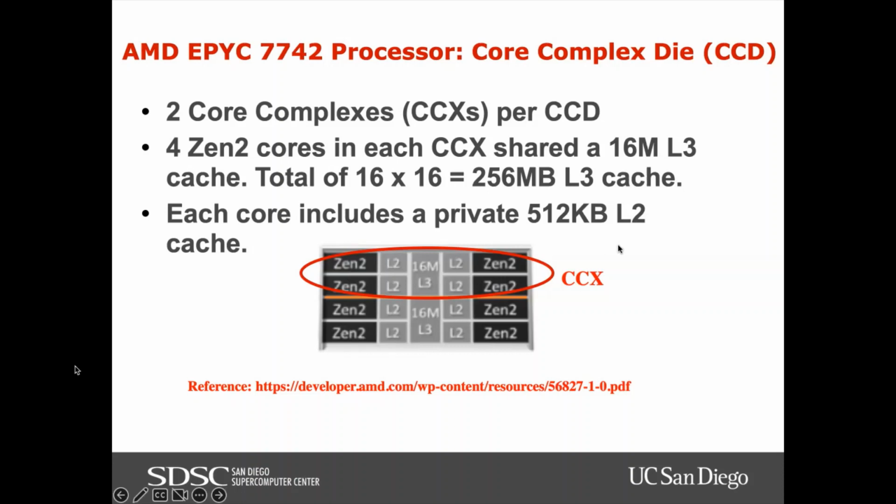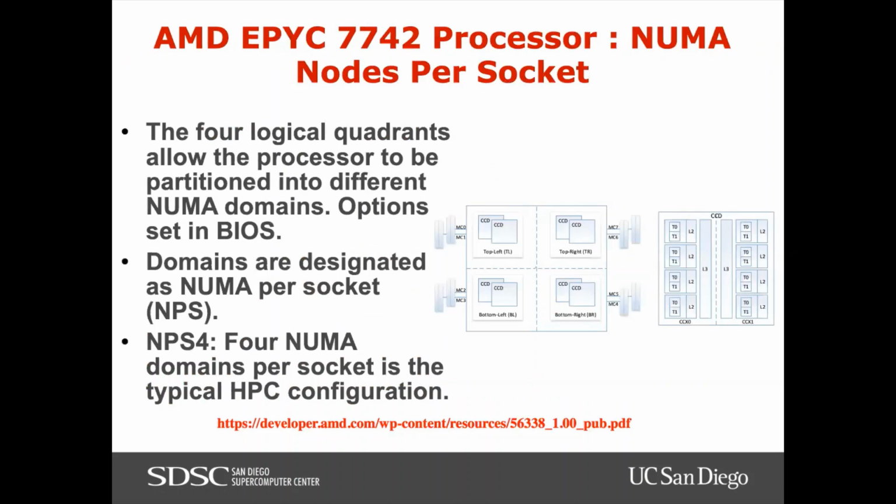So this requires control of where your tasks are landing, right? Because this is quite important from a performance standpoint, because remember the memory also gets partitioned into different NUMA domains. On Expanse, we have 4 NUMA domains per socket, and you have 2 memory channels associated with each of the NUMA domains.